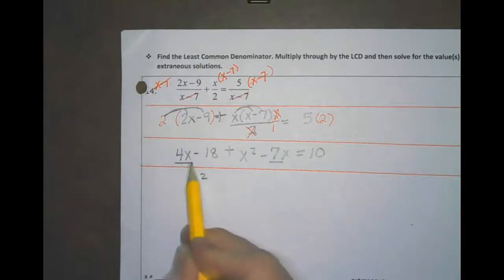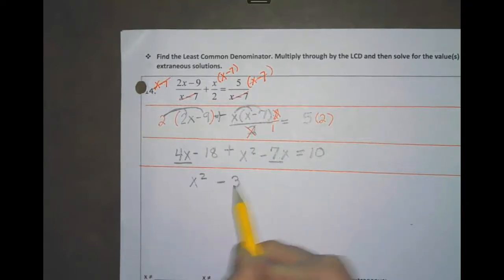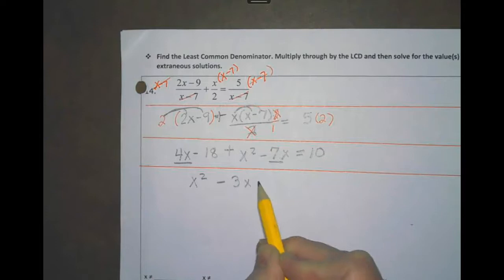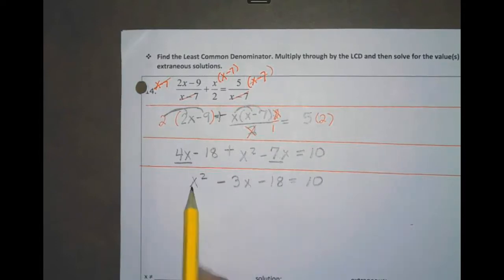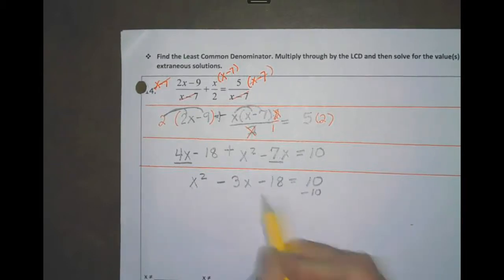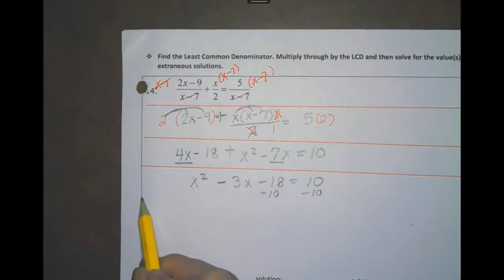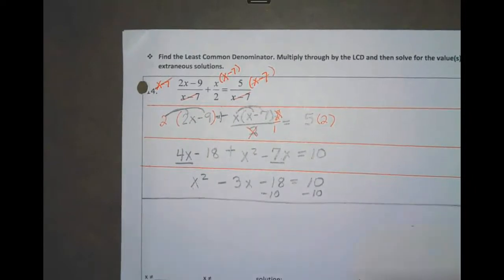These terms will combine for a minus 3x minus 18 equals 10. Since this x is squared, it's a quadratic, it needs to be equal to 0. I need to subtract 10 from both sides. X squared minus 3x minus 28 equals 0.